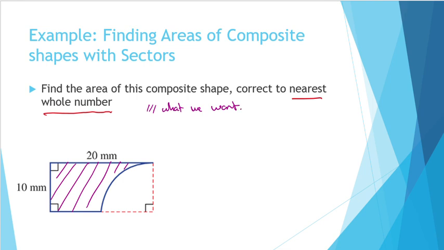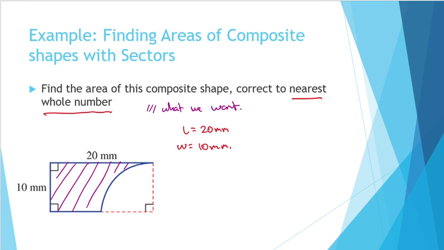So that's the end goal, okay? I can see that in my diagram here, I can pretty much make a rectangle with those dotted red lines already. And we're given the measurements of the length and the width already, which is 20 millimeters and 10 millimeters. So length is 20 millimeters and width is 10.